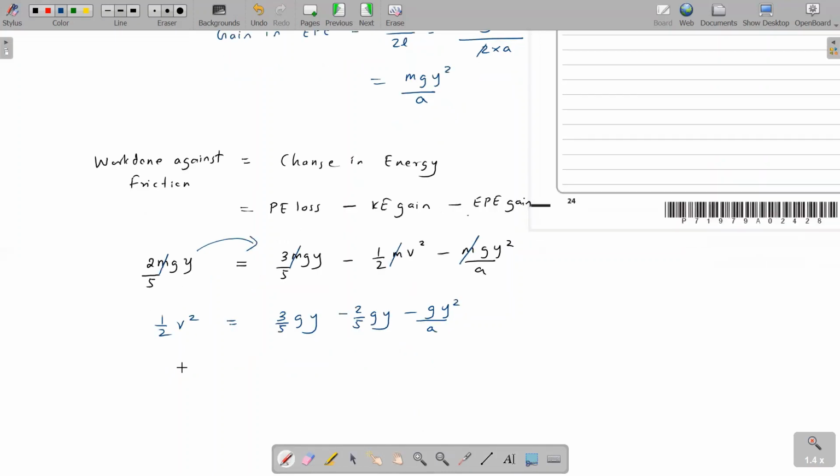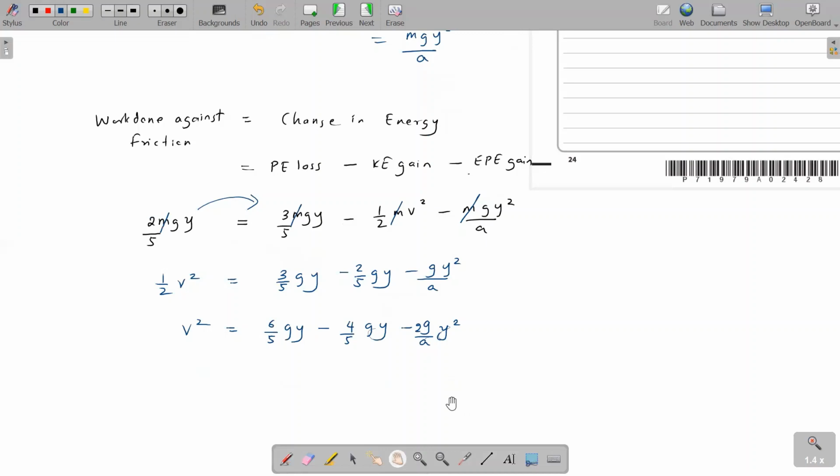So if I make v square the subject, multiplying everything by 2, I get 6 over 5 gy minus 4 over 5 gy minus 2g over a times y square. We can simplify 6 over 5 and minus 4 over 5 as 2 over 5 gy. These two terms are like terms. Minus 2g over a times y square.